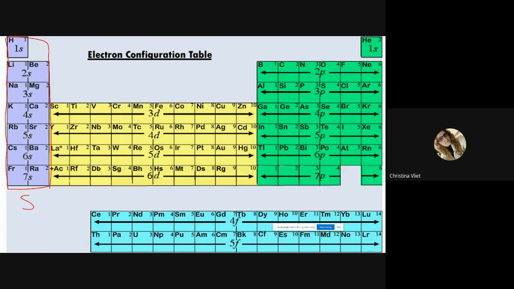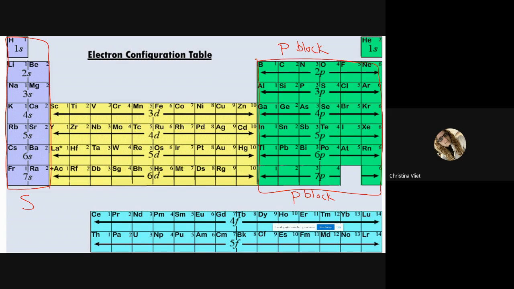On the right-hand side, the other side of the periodic table, starting at group 13 and going to 18, put a box around that. We call this the P block. And for this class, you only need to know S, P, and D. So where's D?